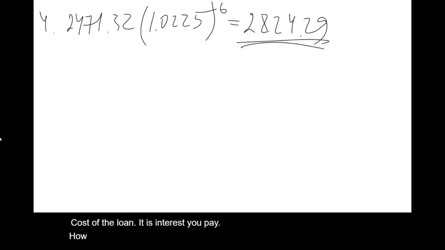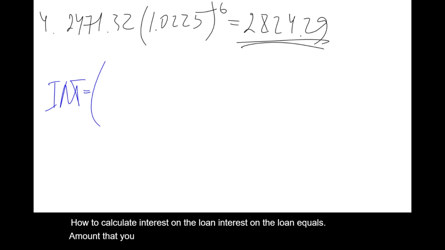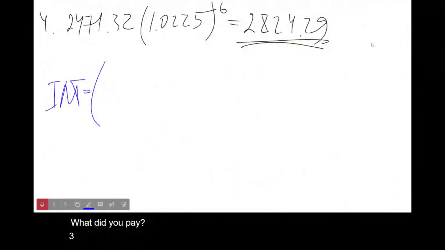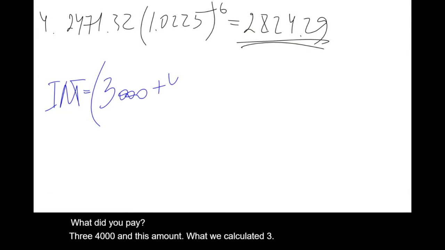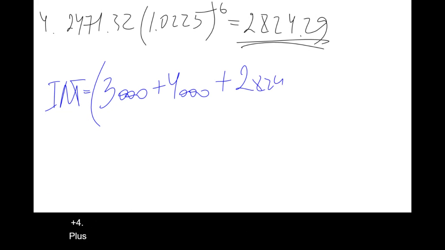How to calculate interest on the loan? Interest on the loan equals the amount that you paid. What did you pay? 4,000, and this amount what we calculated, 3 plus 4 plus 2,824.29, minus the amount you borrowed.